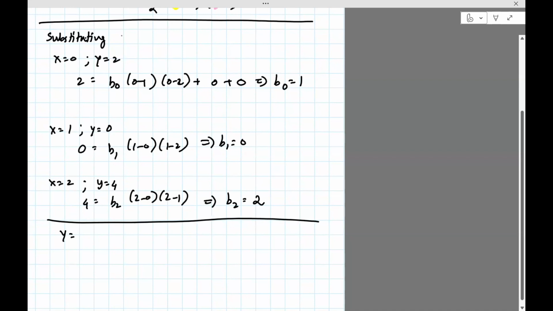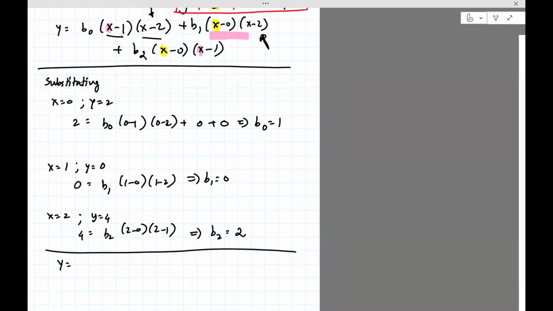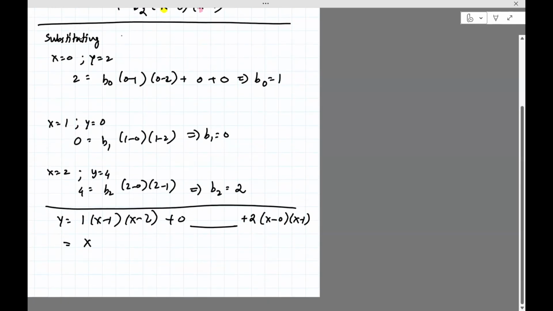We are all set to substitute. So y equals, I'm going to substitute back in this formula. 1 times x minus 1, x minus 2, plus everything here will be 0, because b1 is 0, plus 2 times x minus 0, x minus 1. So this will be x squared minus 3x plus 2 plus 0, doesn't matter.